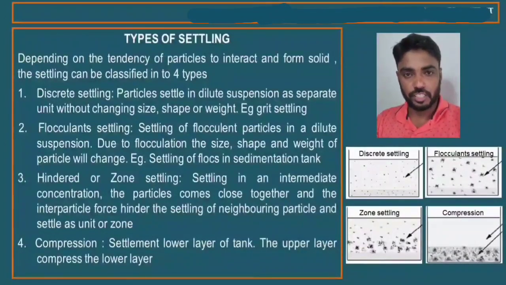First we can see discrete settling. In discrete settling, the particle settles as a single unit without flocculation. The settling of grit in a grit chamber is an example of discrete settling.